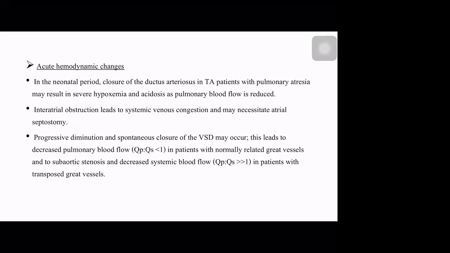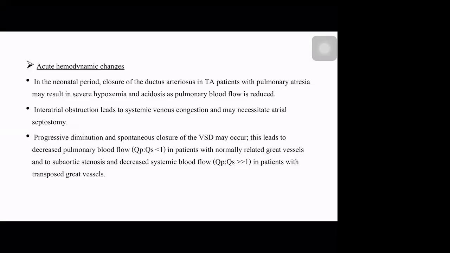Now, if suddenly the PDA closes, there will be severe hypoxemia with acidosis and grossly reduced pulmonary blood flow. Now, interatrial obstruction leads to systemic venous congestion and may necessitate atrial septostomy.